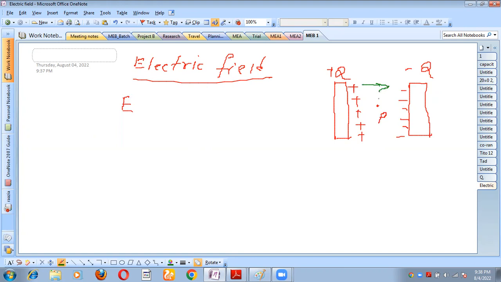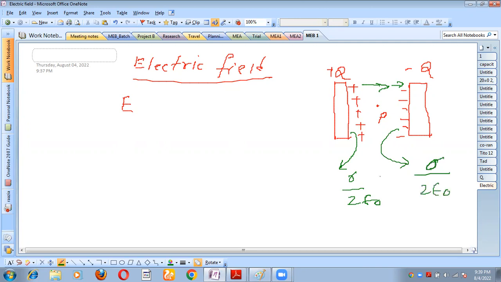So the electric field due to minus charge will be from left to right, and for plus charge also left to right. And we know the electric field due to a charge sheet from Gauss law is sigma by 2 epsilon naught. So electric field due to both positive and negative charges will be sigma by 2 epsilon naught. And since both the fields are in the same direction, the net electric field at point P will be the electric field due to the positive plate plus the electric field due to the negative plate.